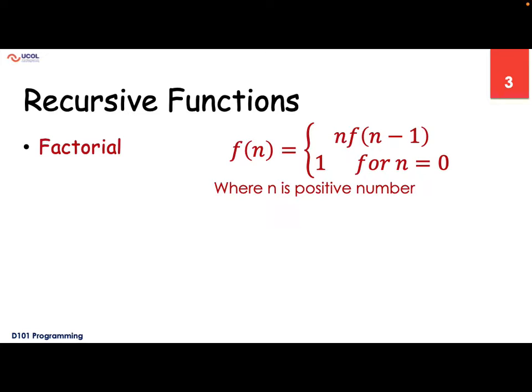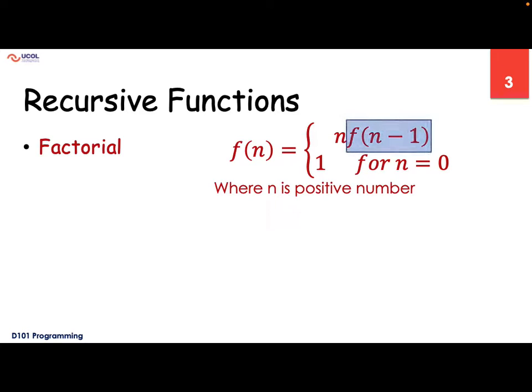We also have some condition on n: it cannot be a negative value. Factorial of 0 is 1. That is the mathematical rule. So the base condition, when n is 0, it is 1. Otherwise, n multiplied by the function of 1 less than that value.